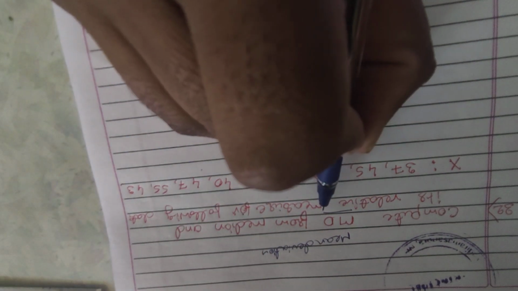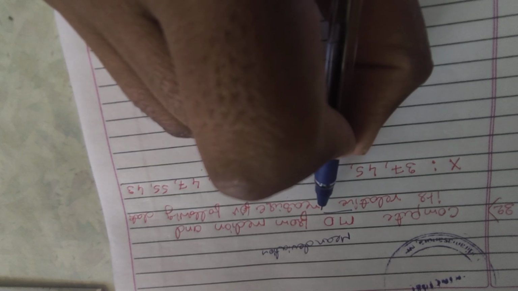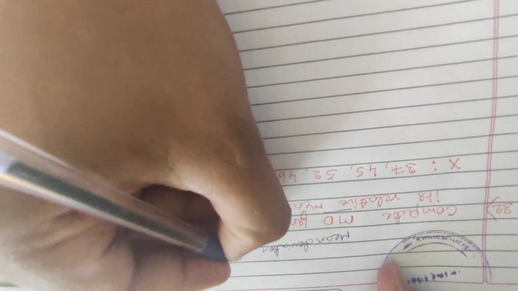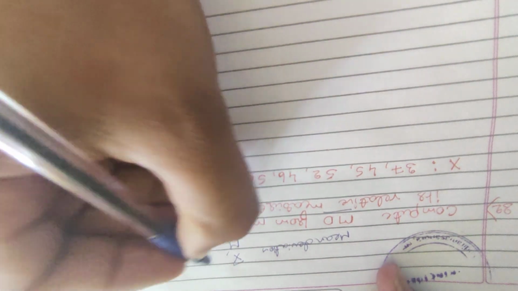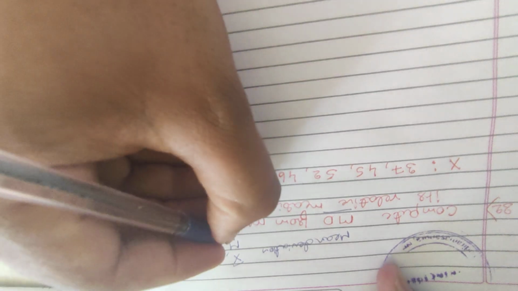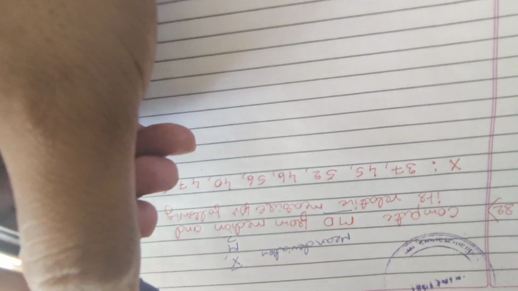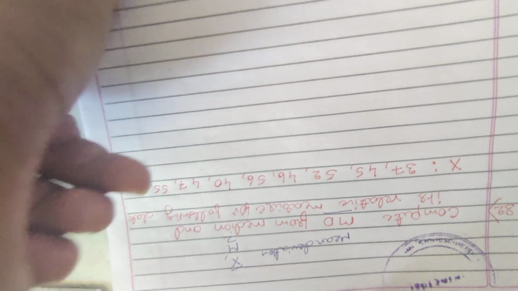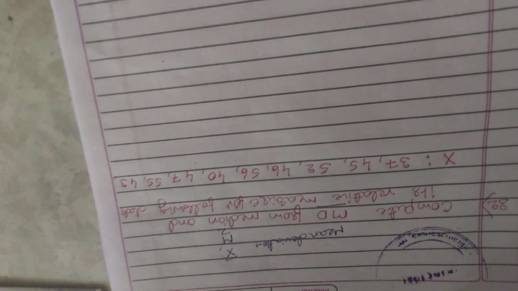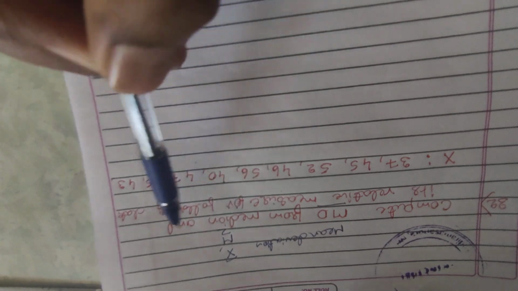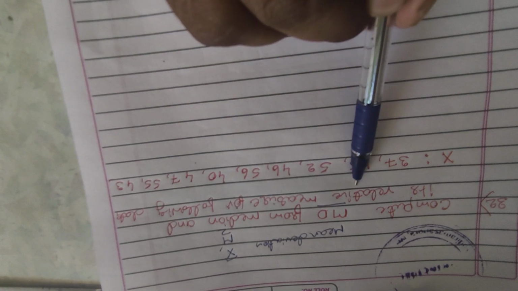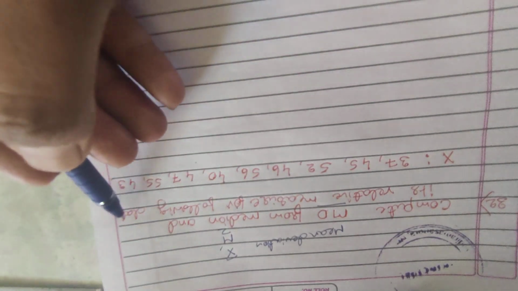Under mean deviation we have three concepts: mean deviation from mean, mean deviation from median, and mean deviation from mode. In this problem, they are asking about mean deviation from median and its relative measure for the following data.